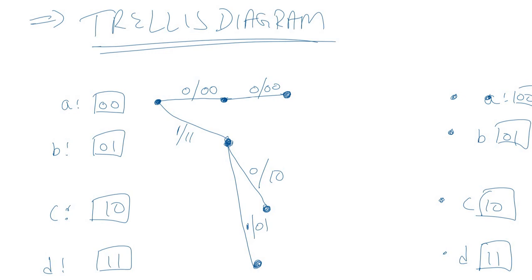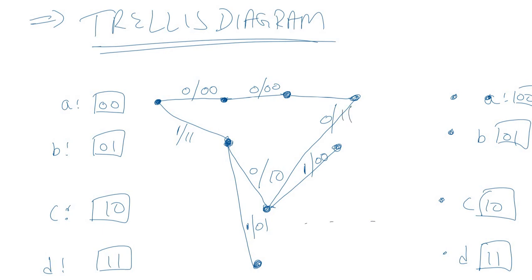Similarly, when we are at state C, we can further do the transitions. If we have 1 as the input, we transition back to state B, and the output is 0, 0. And if 0 is the input, we transition back to state A, and the output is 1, 1.